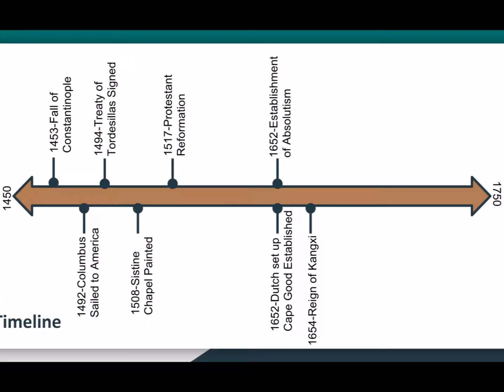Here's our timeline for this period, starting in 1450 and ending in 1750. It gets pretty tight at the start and the middle, but then kind of slows down at the end. 1453 sees the fall of Constantinople to the Ottoman Empire. 1492, Columbus sails to the Americas for the first time. He kind of hops around the Caribbean for a few years.